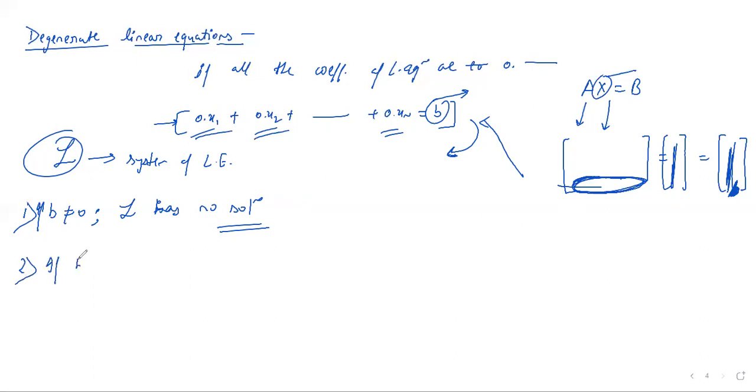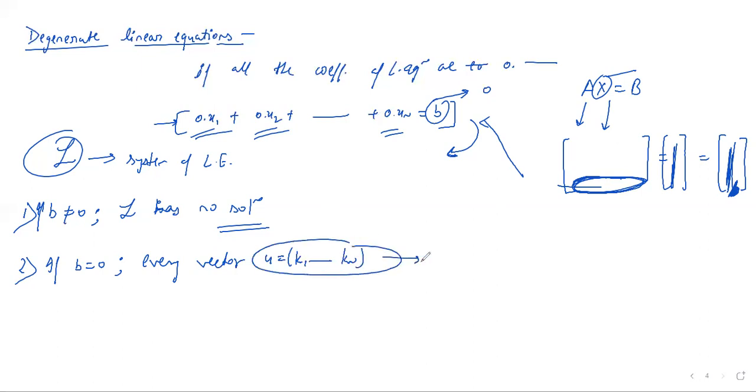And what is the case if b is equal to 0? In that case we have 0x1 plus 0x2 up to 0xn equals 0. If we have a linear equation like this, then every vector, let's consider u equals (k1, k2, ..., kn), this is the solution set we are talking about.